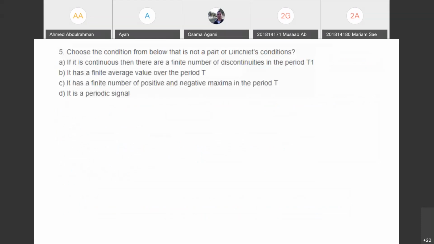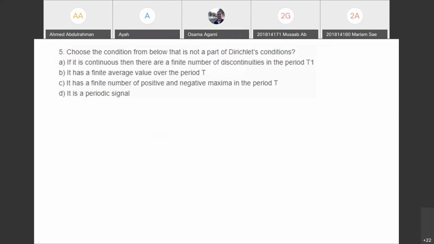Choose the condition from below that is not a part of Dirichlet conditions. Continuous and has a finite number of discontinuities. It has finite average value over the period T. It has a finite number of positive and negative maxima. It is a periodic signal. Which one?